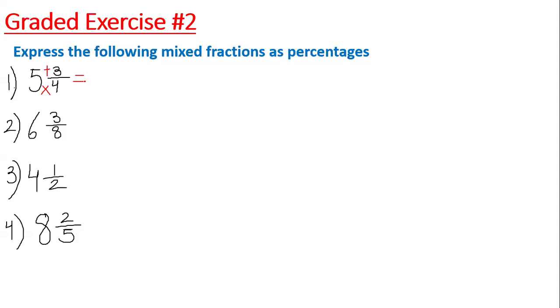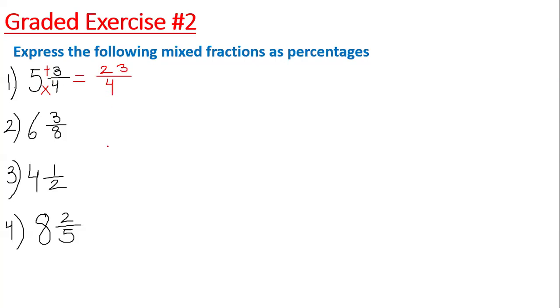So we have 5 times 4, 20. 20 plus 3, 23. 23, very good. It's gonna be 23 over what? 23 over 4, very good.